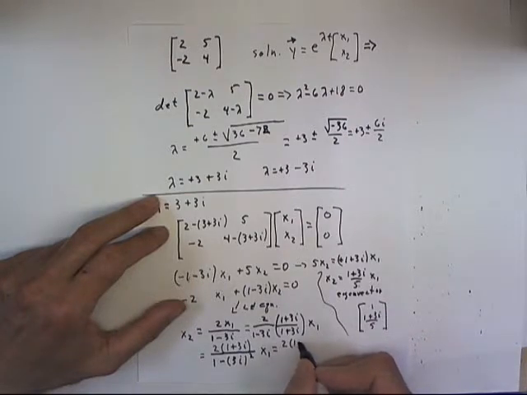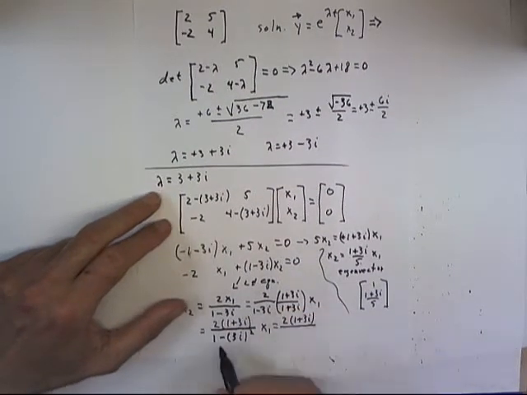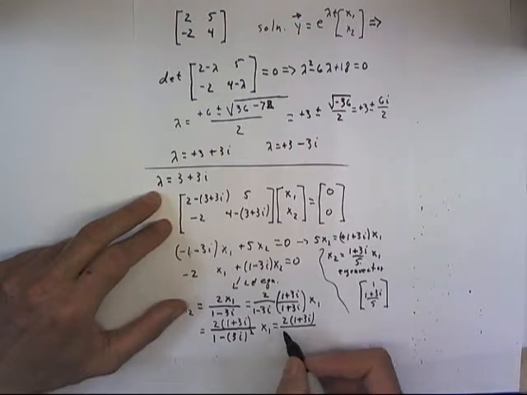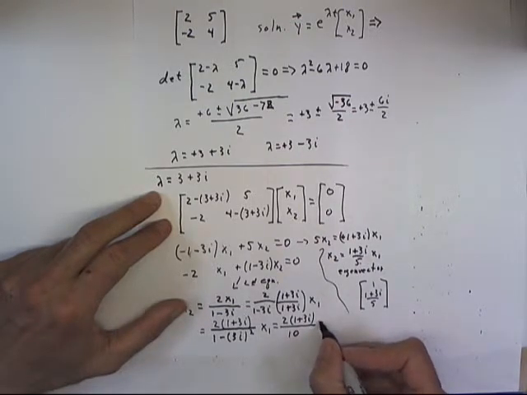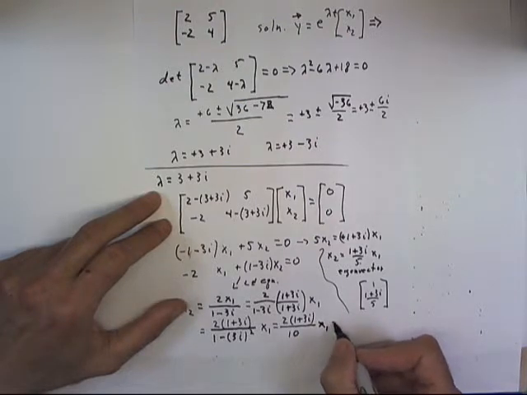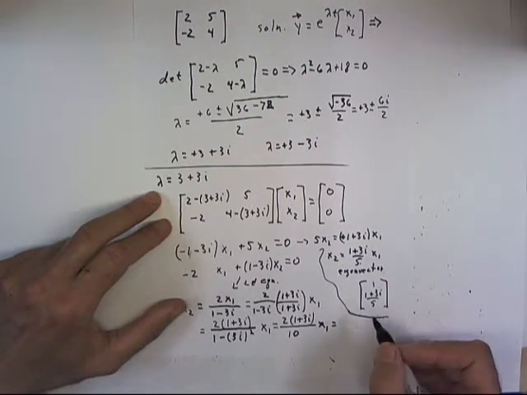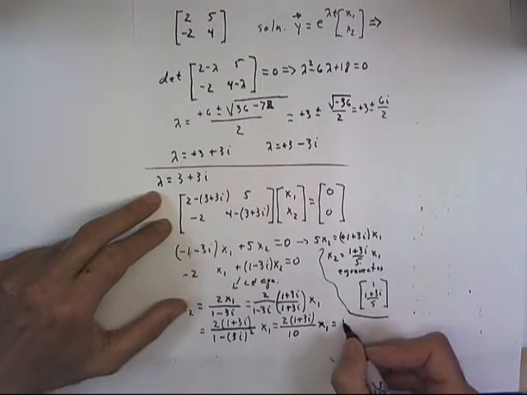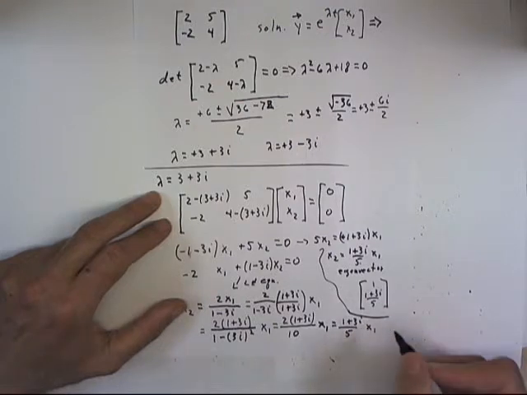So we now have 2 times 1 plus 3i divided by, well, 3i squared is 9 times i squared, which is negative 9, because i squared is negative 1. So that negative the square of 3i is plus 9, which is going to give us 10 in the denominator. And that's, of course, times x1. And that ends up being 1 plus 3i over 5 times x1.